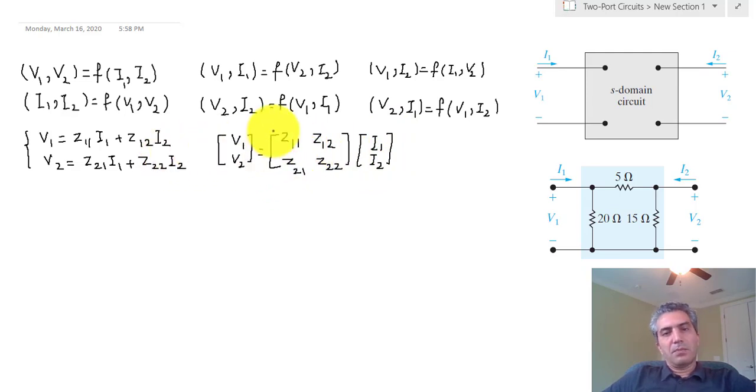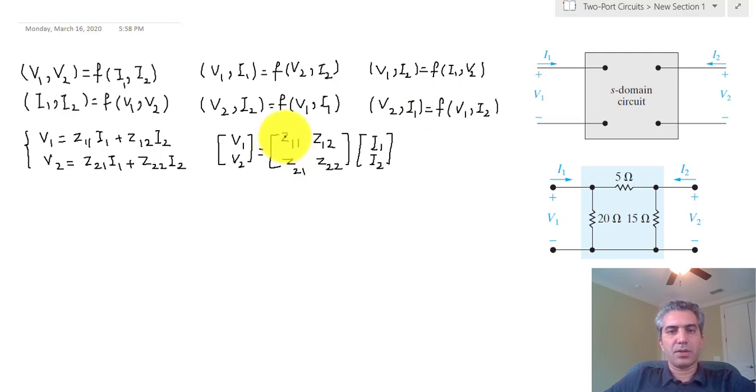Now, this matrix is called the impedance matrix for this 2-port circuit, and hence we call it Z.